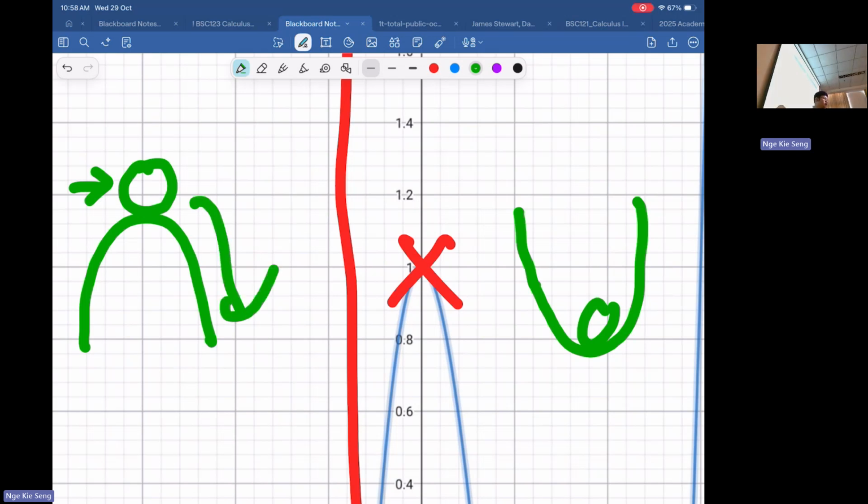But if you're at the minimum, I push you out a bit, you will come back to the minimum. So stay low, stay humble. Okay, let's break until 11 o'clock.